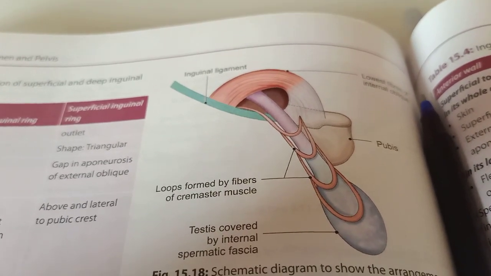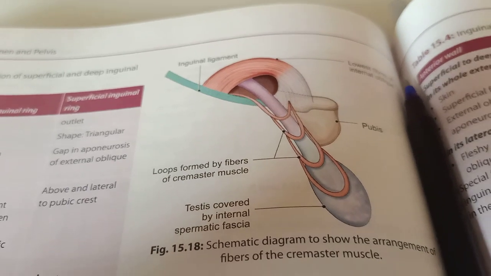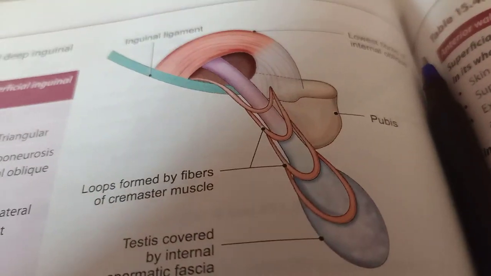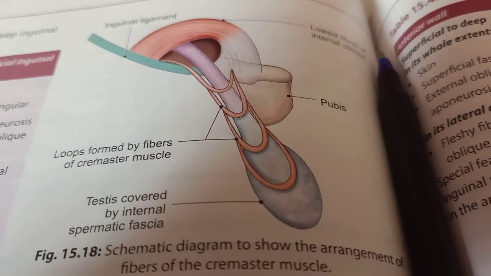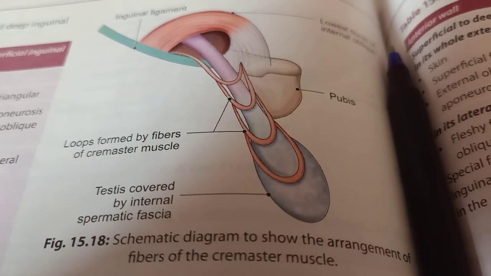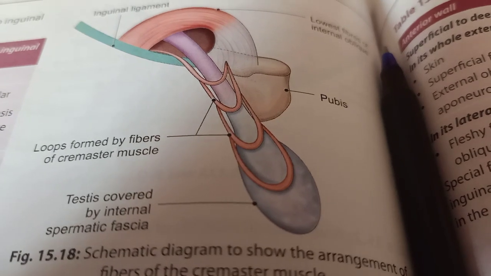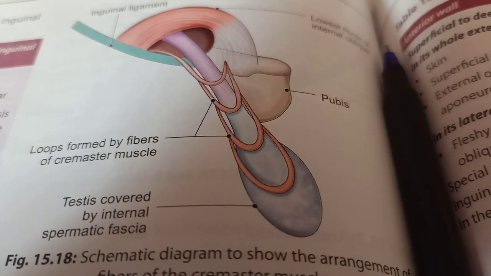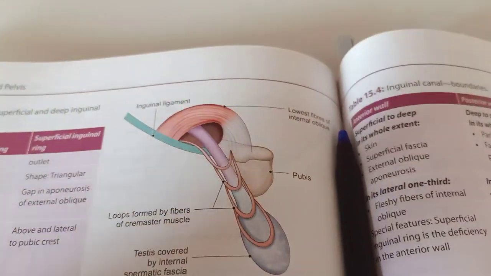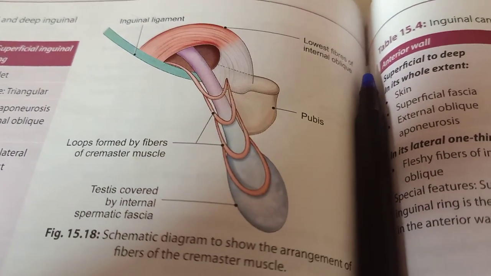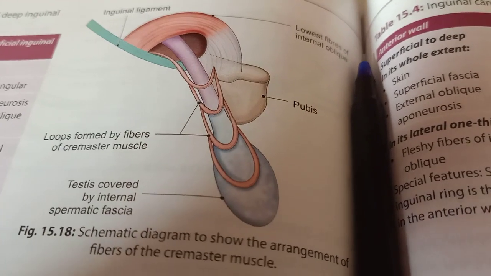Okay, these are the cremaster muscles. Now, some fibers of the cremaster muscle are continuous with the internal oblique and transversus muscles. As you know, there is an insertion to the conjoint tendon also. So some fibers will also be attached to the internal oblique and transversus muscle.